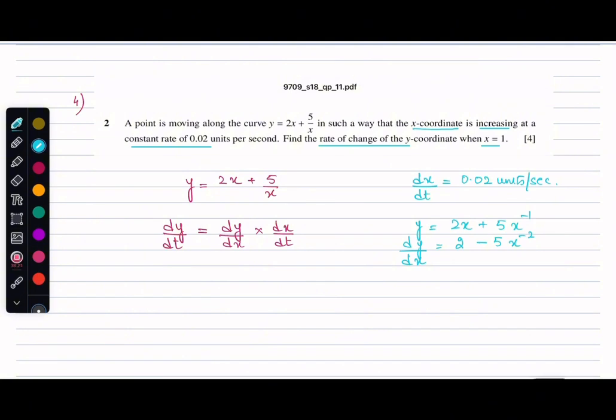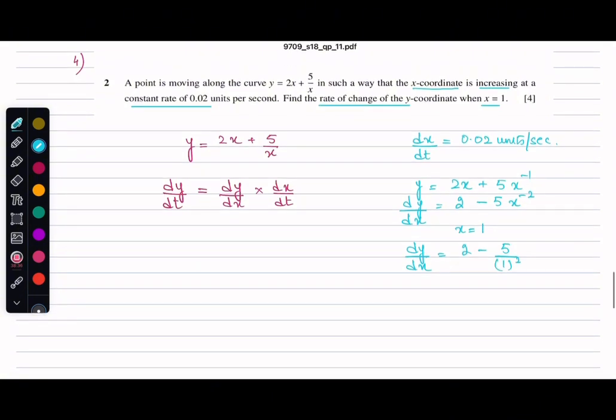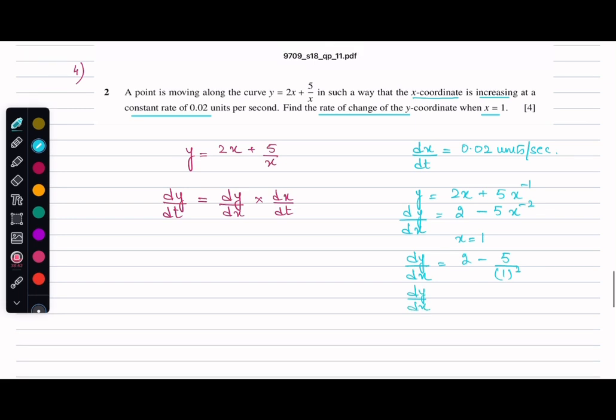And again, they have said that this should be found when x is equal to 1. So in the dy by dx equation, I can substitute x as 1. So x is 1, so I can say it's 1 the whole square, or I can say that dy by dx now shall be equal to negative 3 here. So this is going to be negative 3 units.